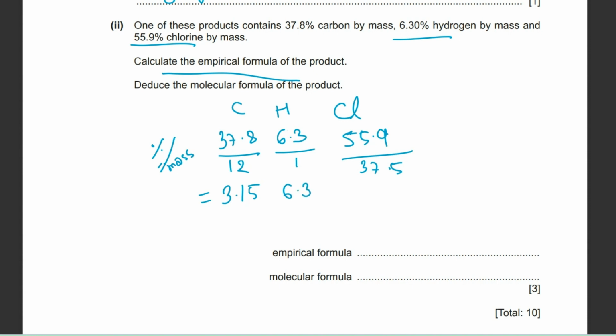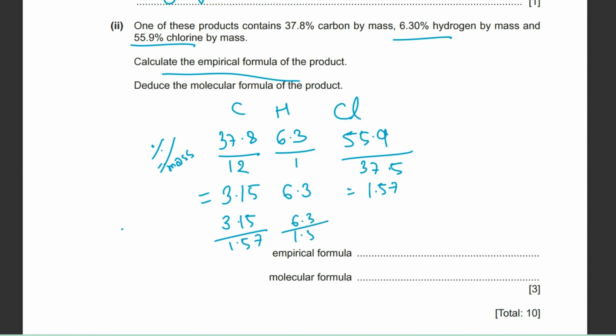And chlorine has a percentage of 55.9 and gives 1.57. Now this is the mole ratio, and we have to divide all these by the lowest mole ratio, which is 1.57. So 3.15 by 1.57, 6.3 by 1.57, and 1.57 by 1.57.